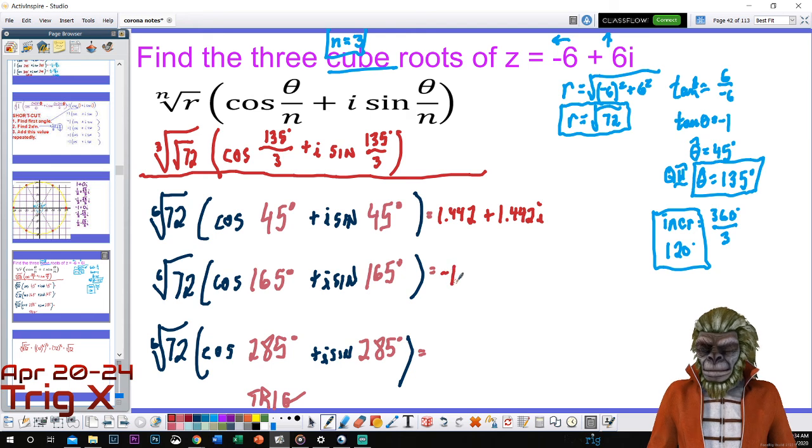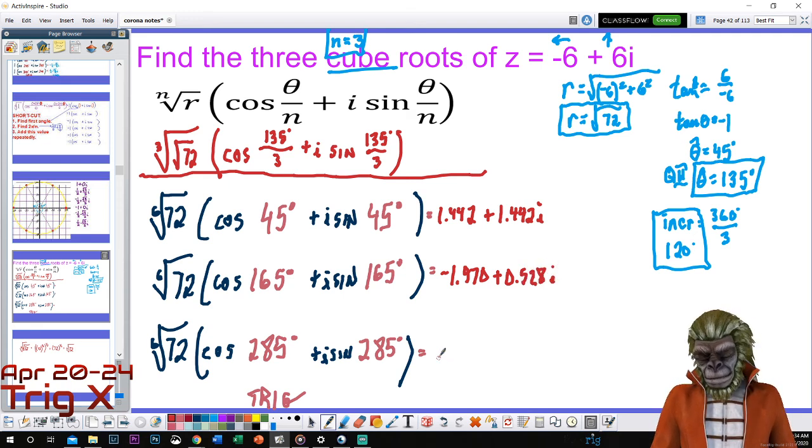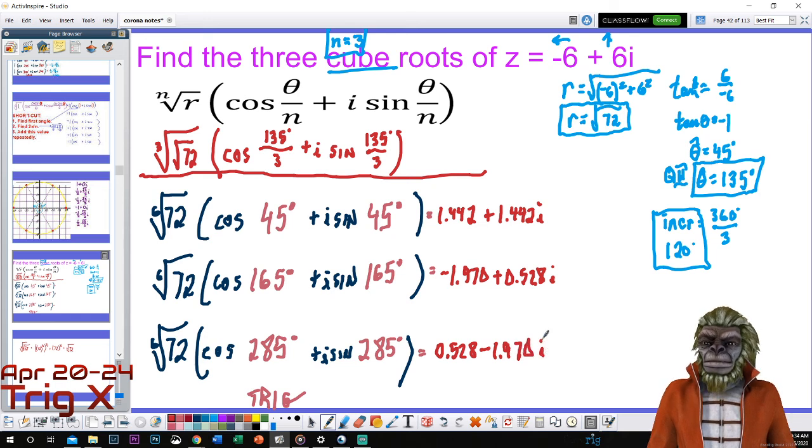This one gave me negative 1.970 plus 0.528. Don't forget your i. And finally 0.528 minus 1.970. Don't forget the i. And those would be your answers in standard form. Don't forget the n.